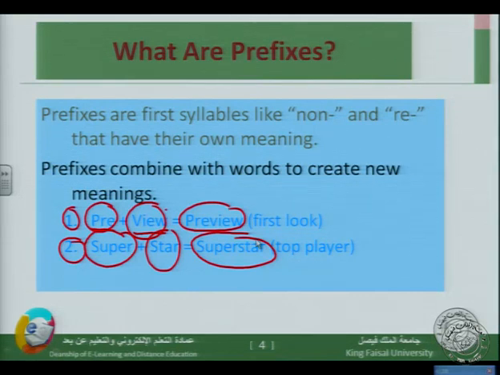So from the beginning, why do we learn this? Why do we learn the prefixes and suffixes? What is the benefit that we can get from this lesson to improve our speaking comprehension and speaking skills?